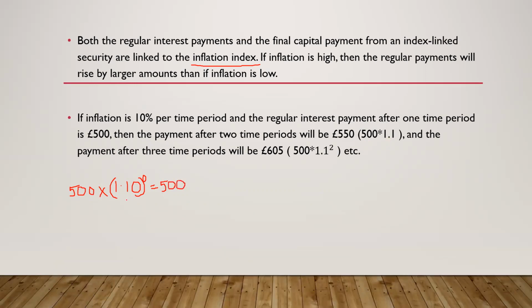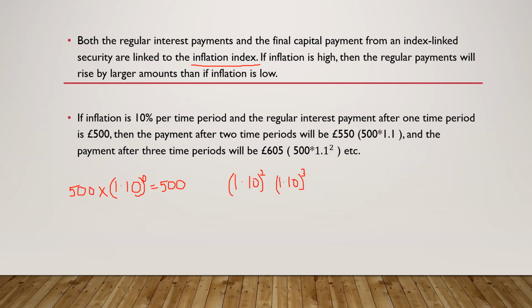Now, why I'm considering this as 1.10 is, say for 1 GBP, there is an increase of 10% of the price. So that would become 1.10. So this is for 1 year, right? If it's for 2 years, it will become 1.10 squared. And if it's for 3 years, it will become 1.10 cubed, and so on.